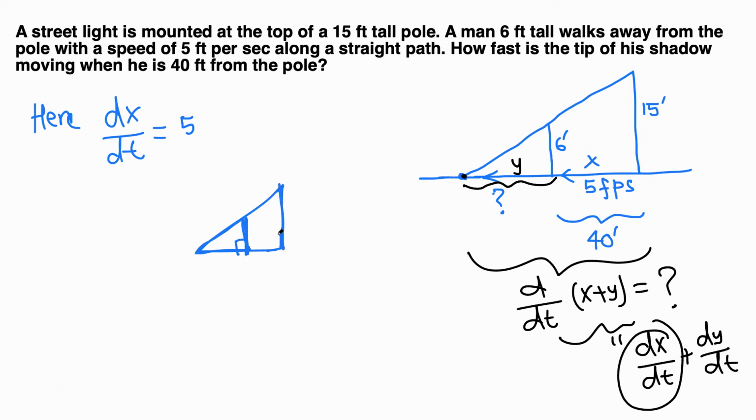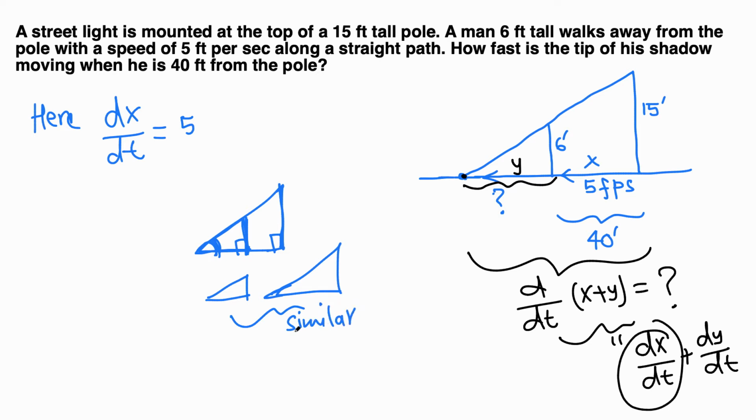So 90 degrees, 90 degrees. The bigger triangle and the smaller triangle also share the same angle. That means these two angles should be equal as well. So this small triangle and the big triangle are similar.